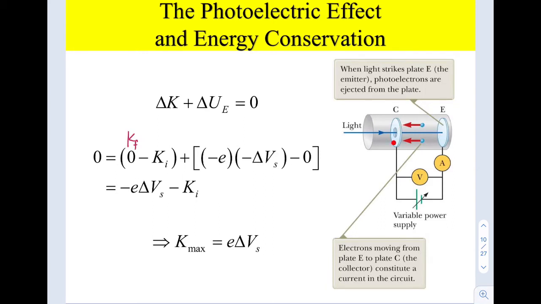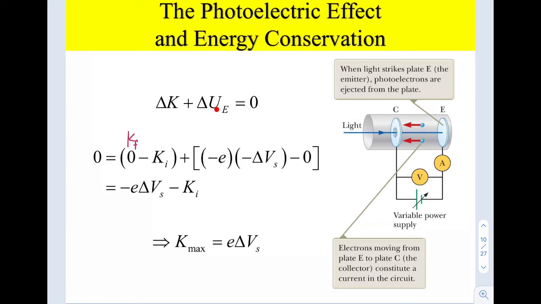There is no movement. Initially it's moving from the emitter to the collector. Finally it is collected by the collector C and stopped. That is why we call this variable the stopping potential. Then, the change in electric potential energy.